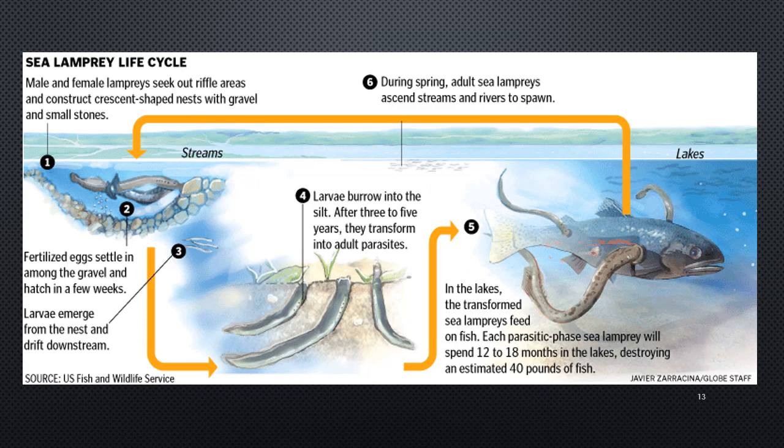So they basically feed on their prey while they're out in the ocean, or in this case in the lakes. But once they swim upstream, there's no more eating. And they will prepare a bed, and they secrete basically pheromones that attract the female lamprey to start coming up into those streams as well.